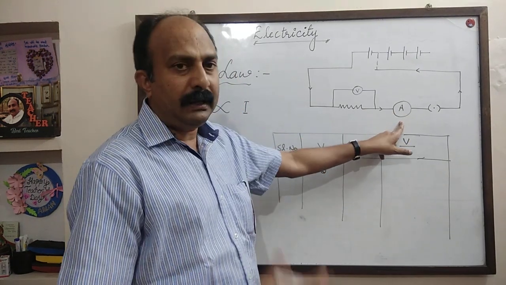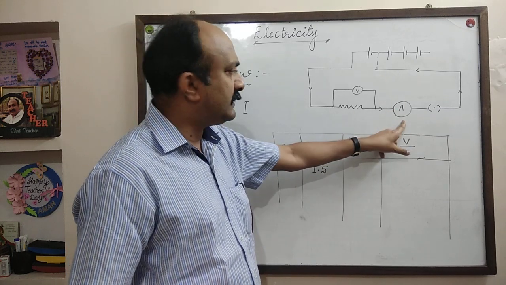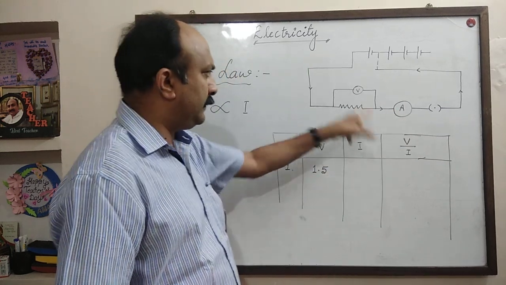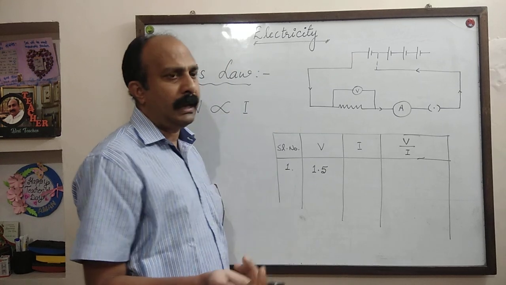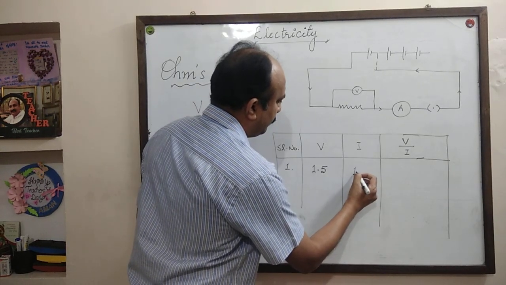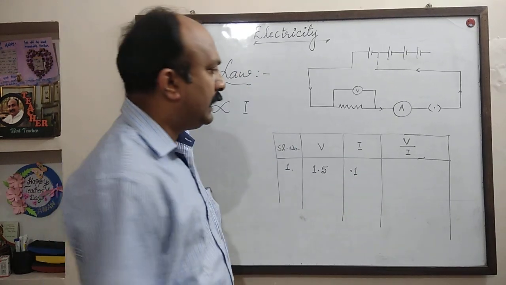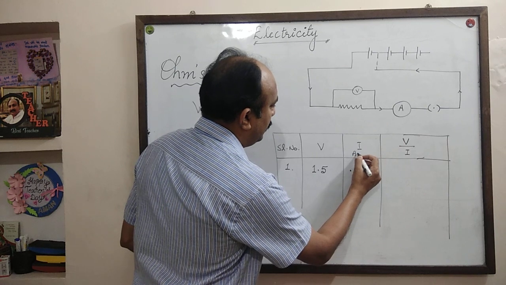Then this ammeter will give a certain value. Let us take that reading as say 0.1 ampere. We know that I is measured in ampere.